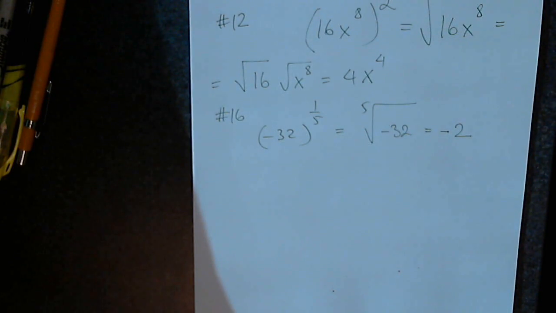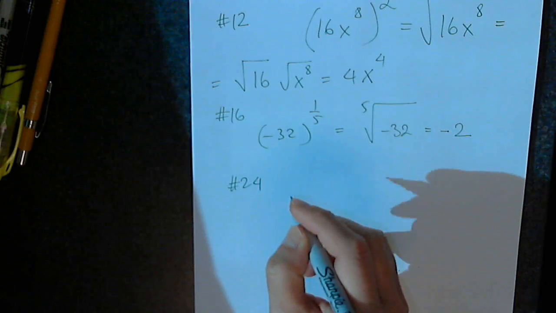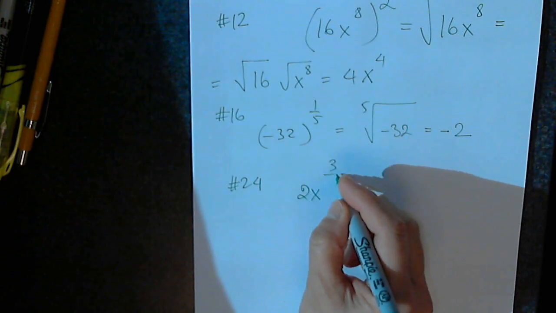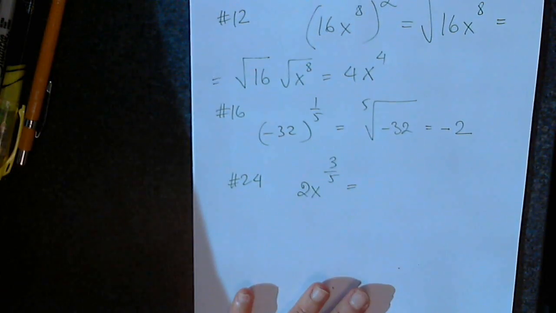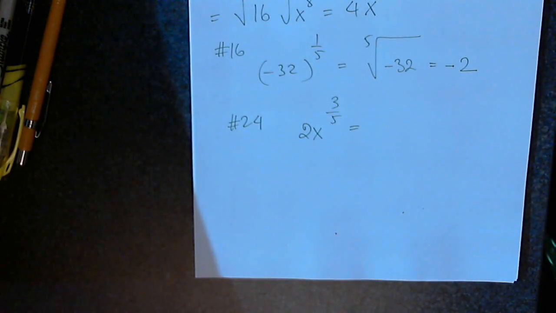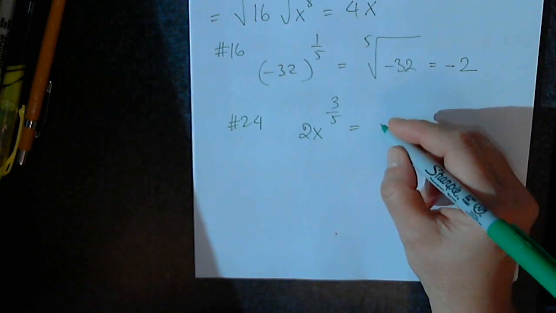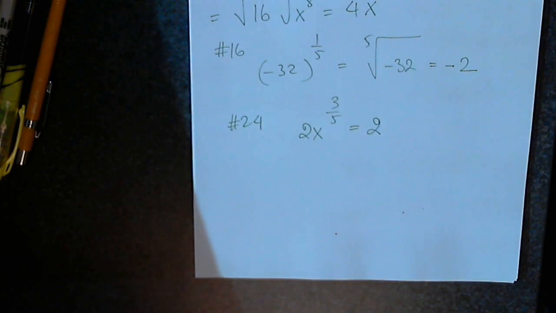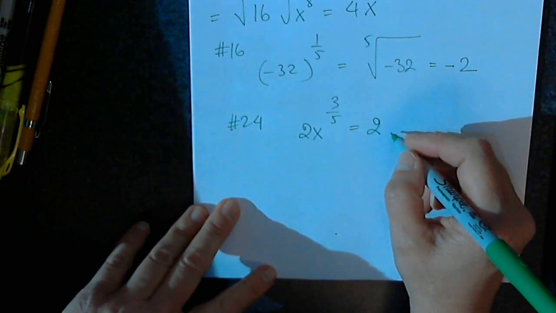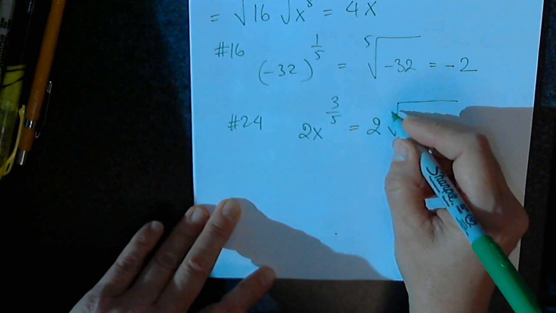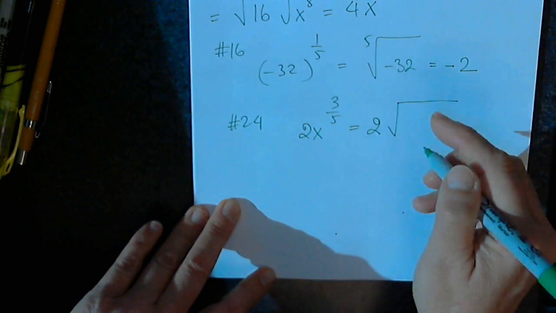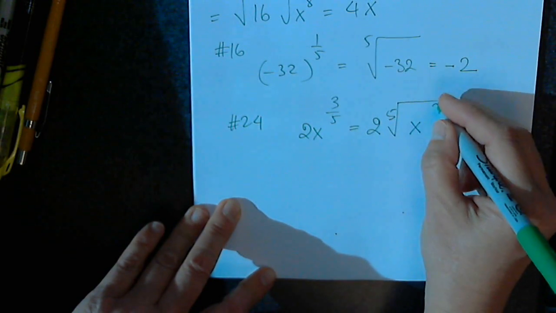Now they want us to go backwards. Use radical notation to write each expression. 24. 2x to 3/5. They want us to write this using a radical. I have to copy 2, and then the 5th root, yes, of x to the 3rd.